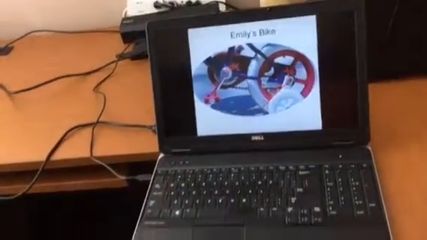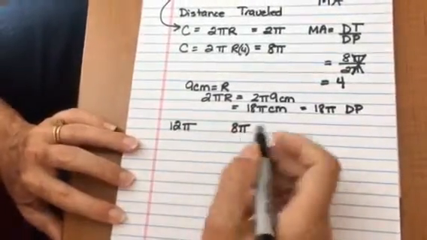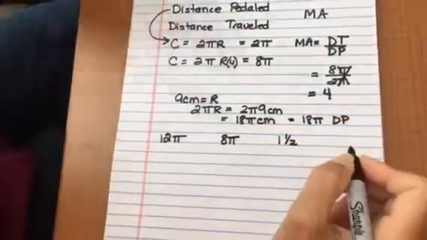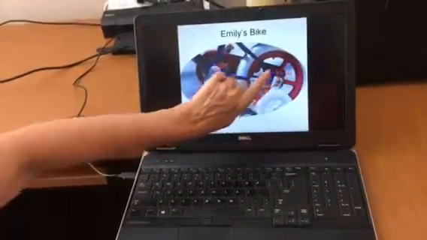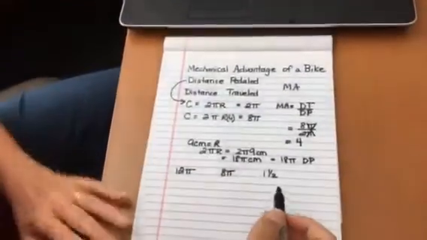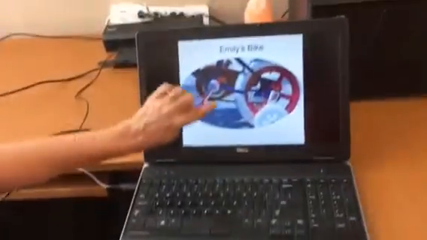So we're going to look at the rate. If we have 12 going into 8, it's going to go around 1 1/2 times. So for every time this goes around once, this is going to go around 1 1/2 because 8 goes into 12 1 1/2 times. So that's going to be our rate of change here.